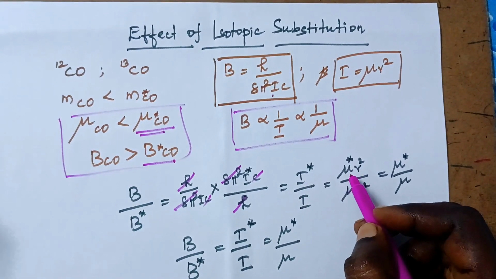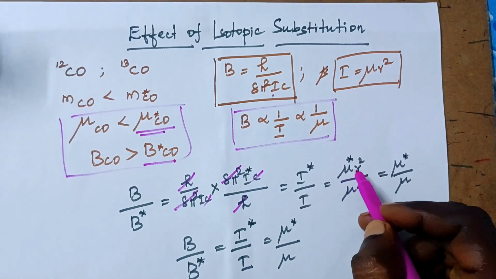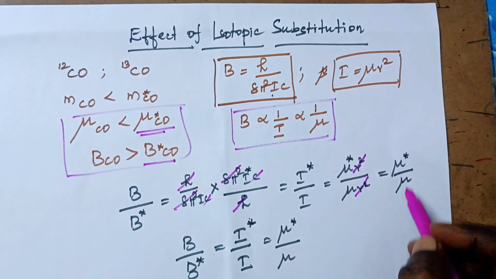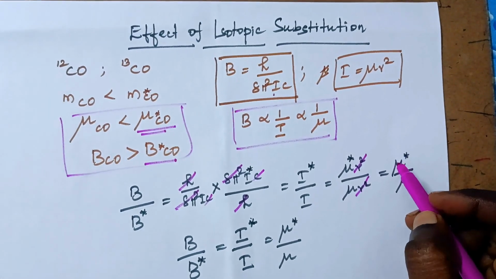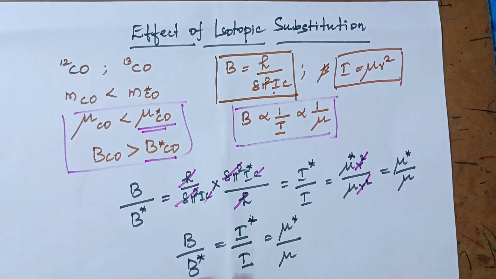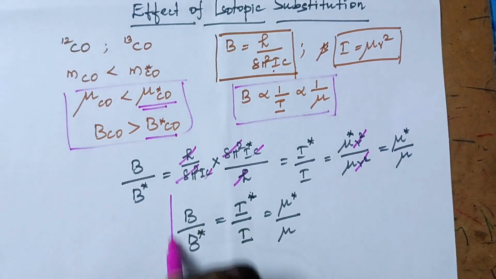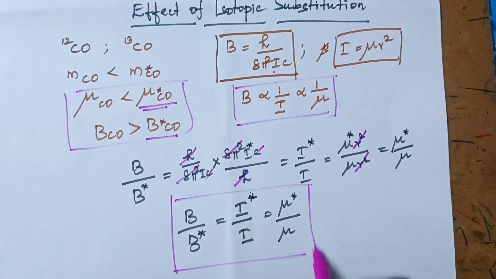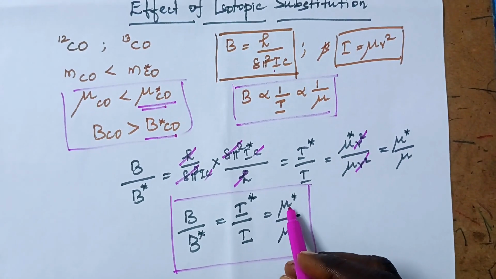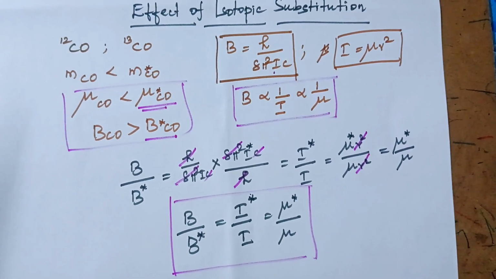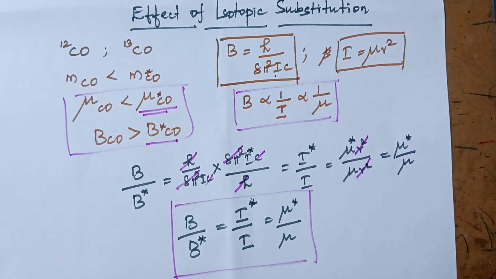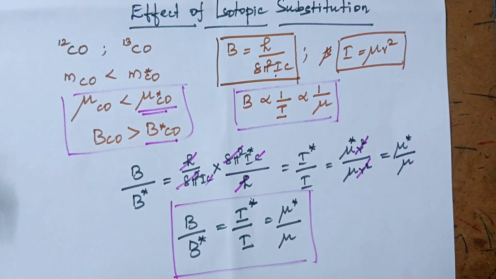And I is equal to mu r squared, so r cancels, giving mu star divided by mu, that is mu of C13 divided by mu of C12. Let me consolidate everything: B by B star is equal to I star by I is equal to mu of C13 by mu. This is the idea we need to get at last from the effect of isotopic substitution in microwave spectroscopy.